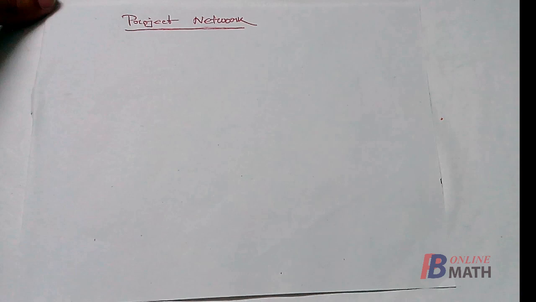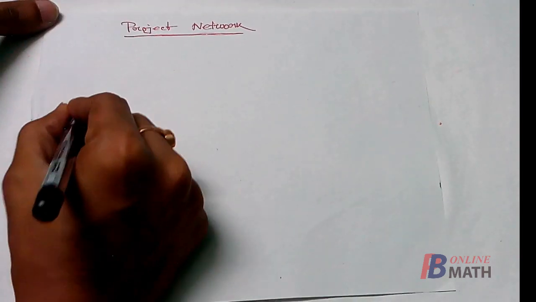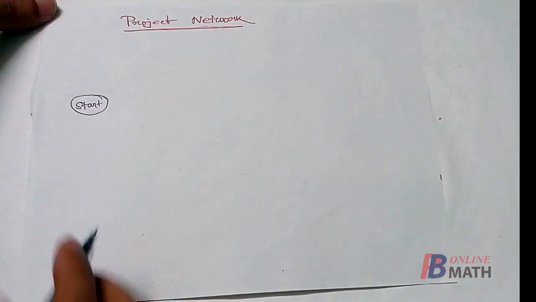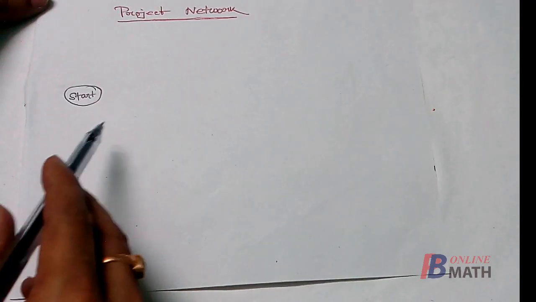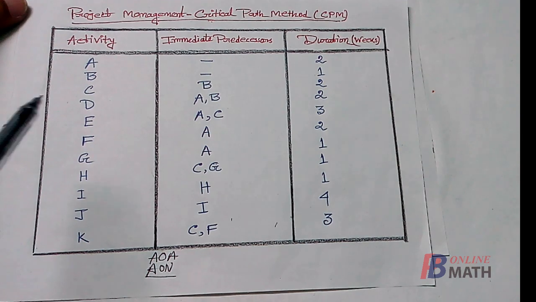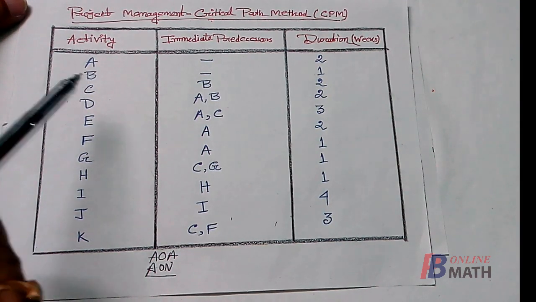So let us start. The first node will be the start. So this is the starting node. It does not represent any activity. From the table we find that two activities A and B have no immediate predecessors.